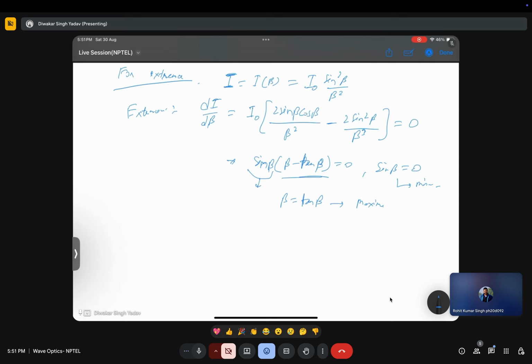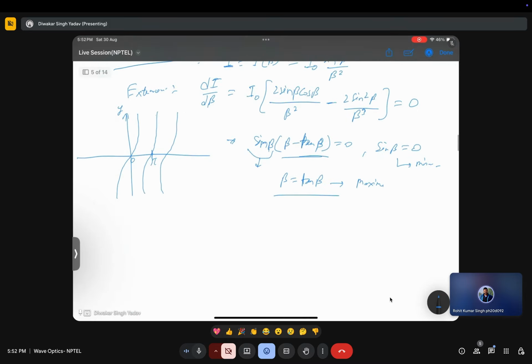Okay, so how to solve this equation? You can see it graphically. You have the tan function, with 0, pi, 2 pi marked, you have this y equal to tan beta, and then you can draw a straight line y equal to beta, right?